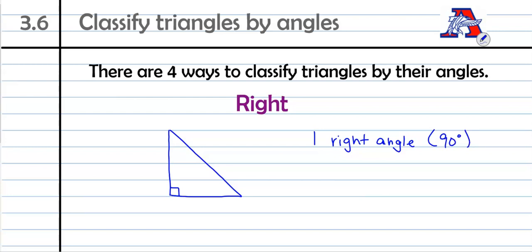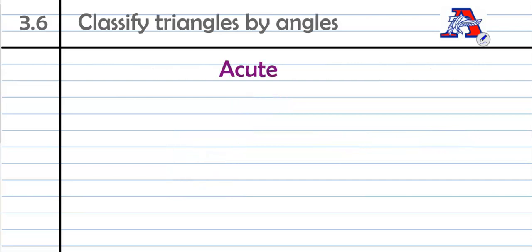The sides could be, we could have 2 legs that are congruent. We could not. Really all you're looking for to classify a right triangle by its angles is that square corner. Pretty straightforward.